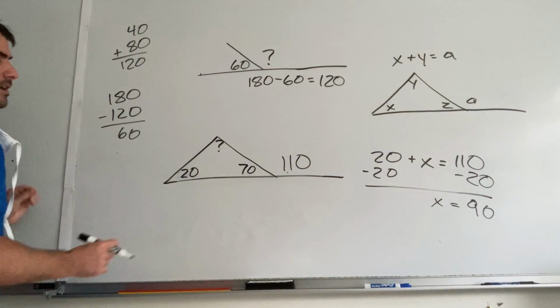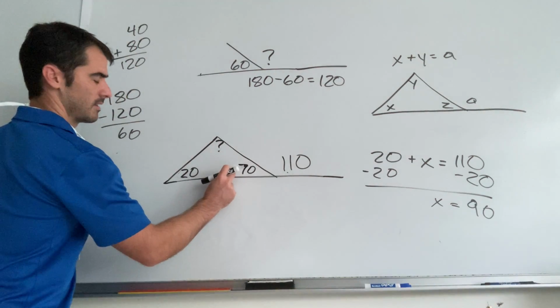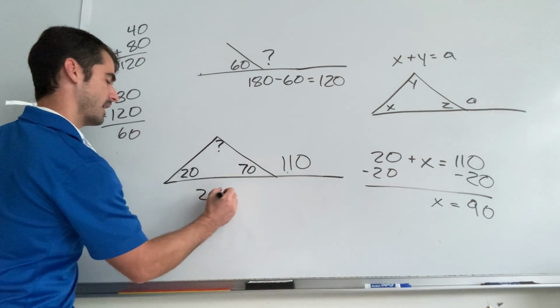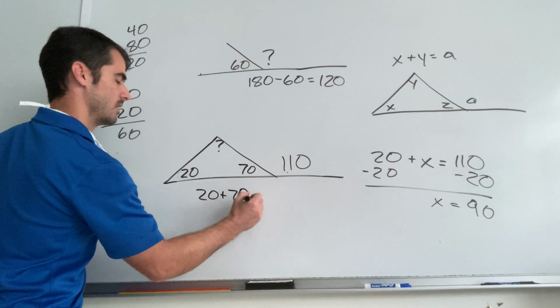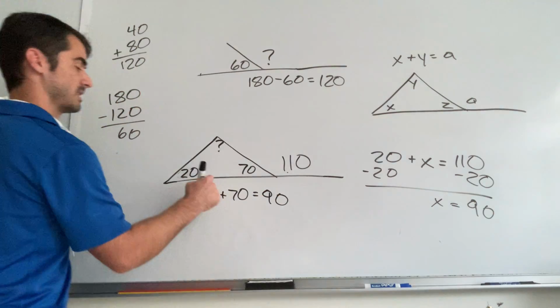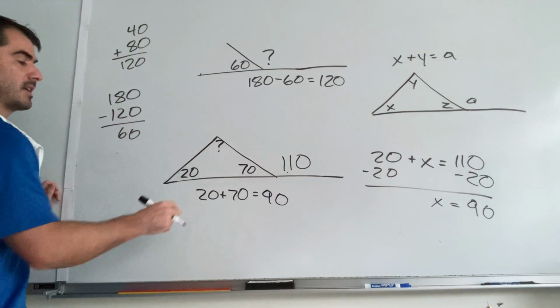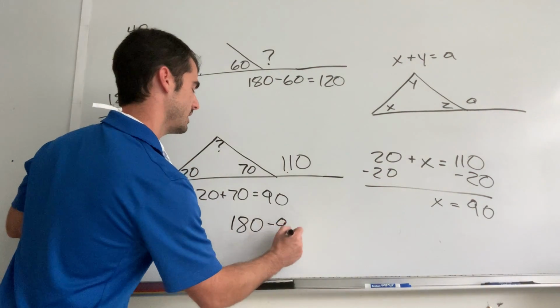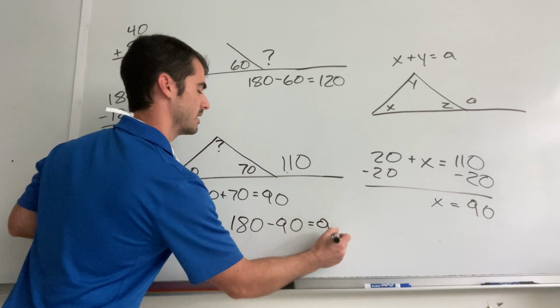Now we can look at this triangle and go, oh, well, there's 20, there's 70, the one thing that's missing, I can find once I add these together. Okay, so that equals 90. So here's 90, I'm missing one thing. So again, if there's 180 degrees in a triangle, 180 minus 90 gives me 90.